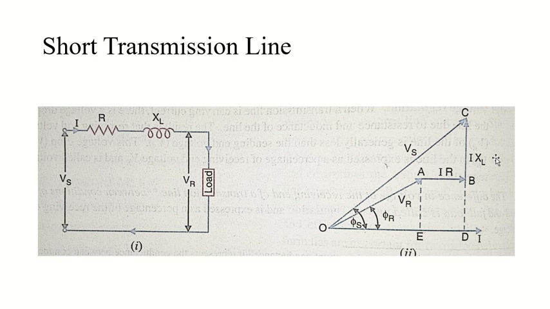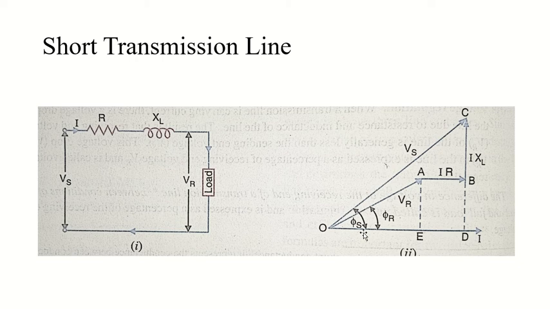After that we have this OC, which is my sending end voltage. One more important thing: the sending end voltage is leading both the receiving end voltage and the current. The angle between current and sending end voltage is phi S.